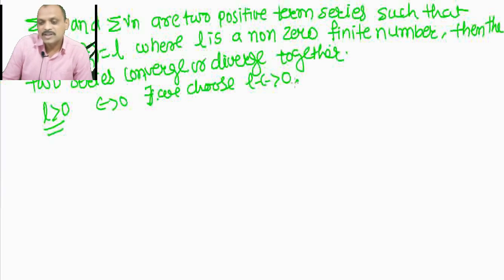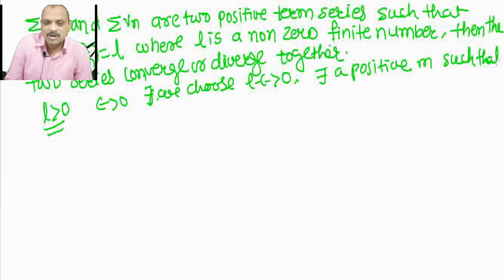So for epsilon greater than 0, by definition of limit, there exists a positive integer m such that mod of Un divided by Vn minus L is less than epsilon for all n greater than or equal to m.